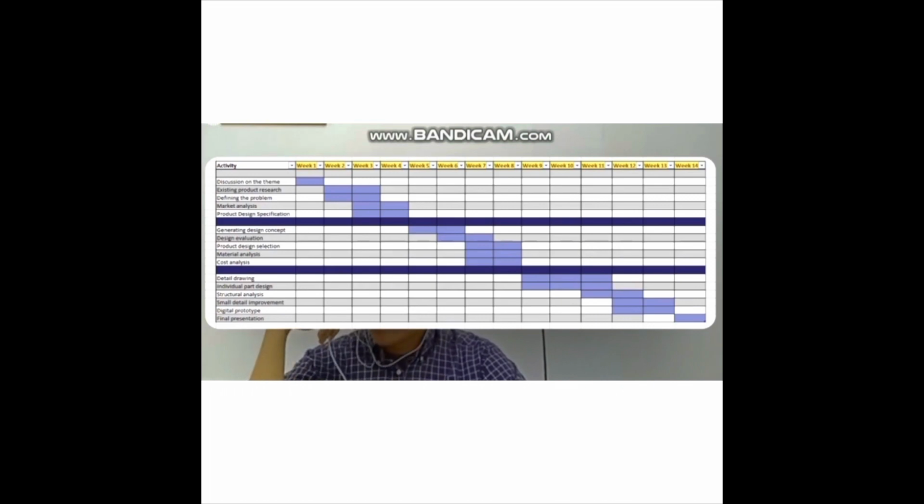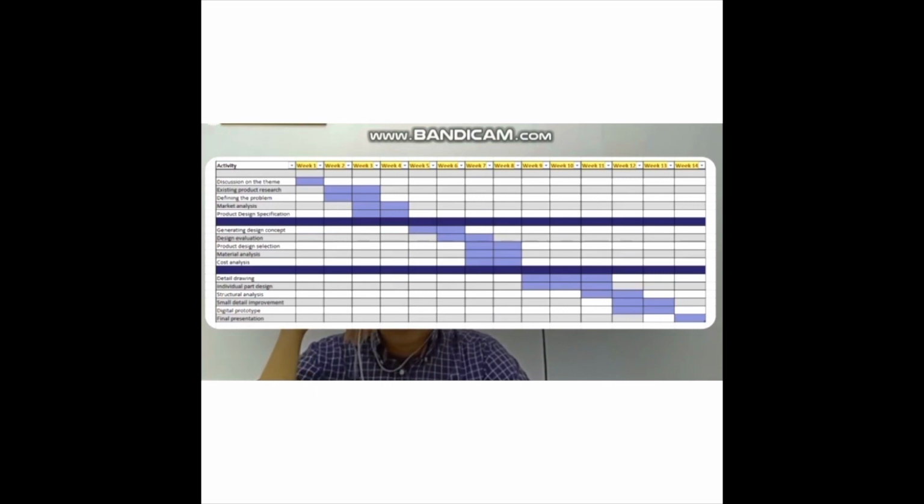Starting from week 5, we started to generate our design concepts. From several design concepts, we evaluated the most suitable product design using a flowchart. We also carried out material and cost analysis at week 7 and week 8.